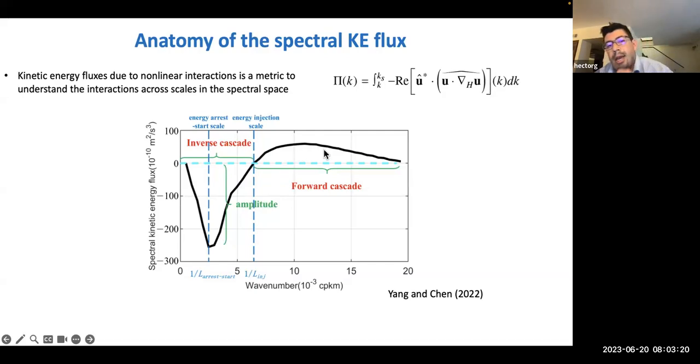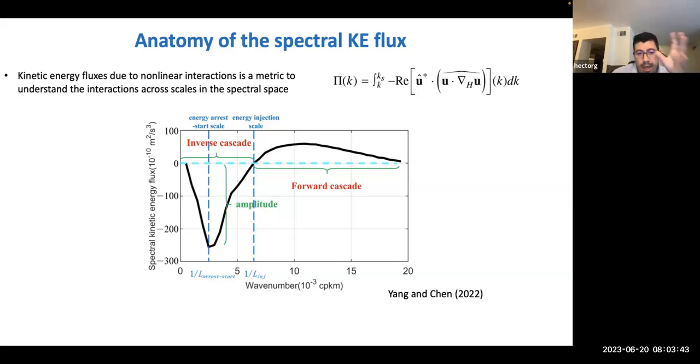Then there is the forward kinetic energy cascade, which is on the positive side. Also, there is this energy injection scale, which is close to the Rossby radius of deformation. So these are three spatial scales that are important in order to understand how the oceanic motions interact.